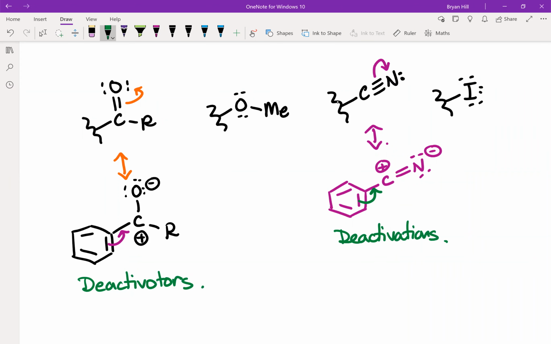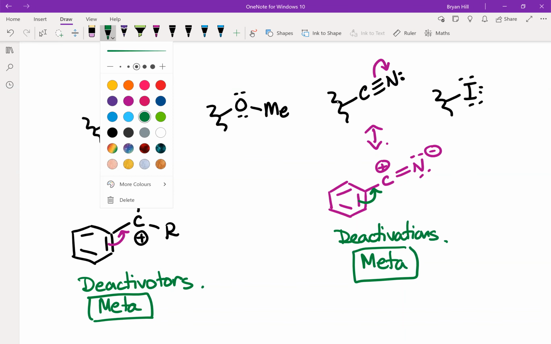And because you have a positive charge in the ring, and if you draw all the resonance structures for these, you'll see that the positive charge is always ortho or para. This means that they're going to be deactivators and they're going to go meta. So any group which, when you draw a resonance structure, has a positive charge on that carbon right beside the ring, those are all going to be deactivators and they're all going to direct meta.